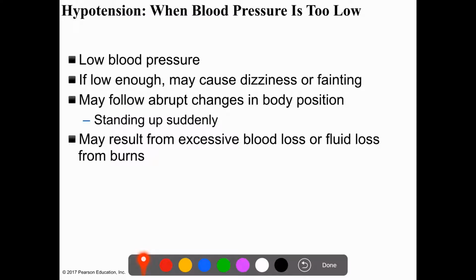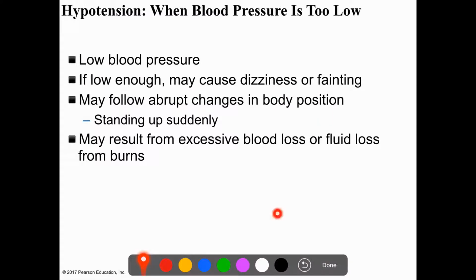The other type of blood pressure disease is hypotension, which is the opposite of hypertension. Hypotension is low blood pressure. In this case, there is not enough power to push the blood through blood vessels, which might mean not enough blood supply for tissues. If the blood pressure drops significantly, it might cause dizziness or fainting.